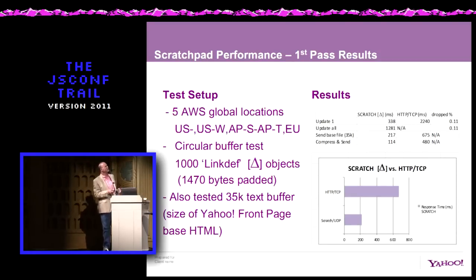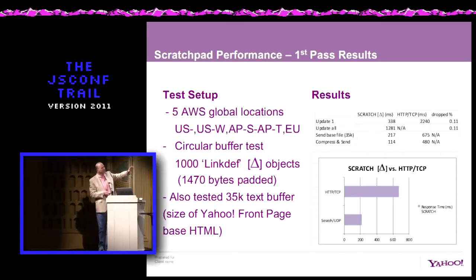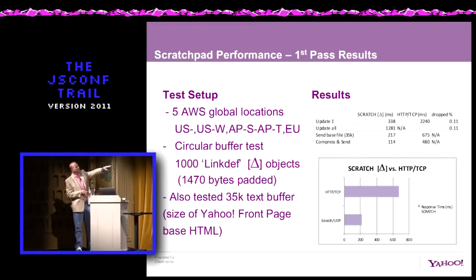It is, after all, stateless, and we know that because of the size of this object, it's going to be several packets in length, 35K, multiple packets. You can see in the graph here, and this is just visually showing what's in the table, what the result is: 3x for Scratch over HTTP TCP.